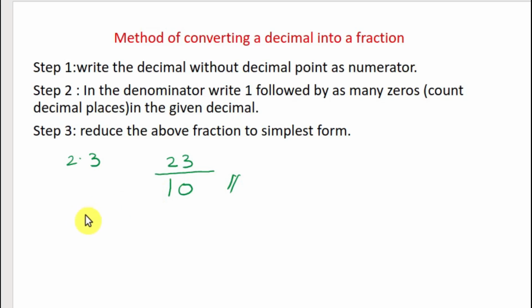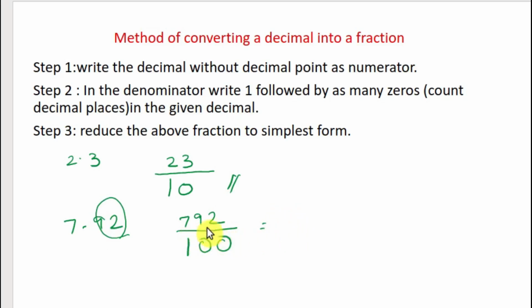Okay. One more example. 7.92. First step, without the decimal point, 792, I write as the numerator. Second step, in the denominator, write 1 followed by as many zeros as the decimal places. Here 2 decimal places, so 2 zeros. And reduce it to simplest form.